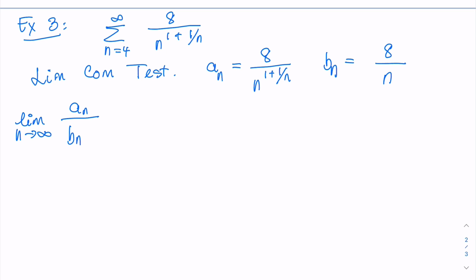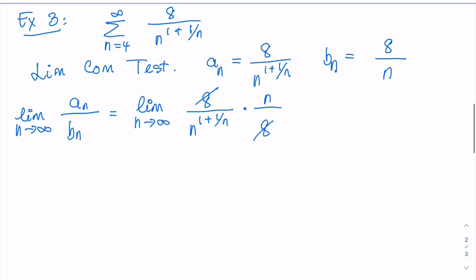So what I have is going to be the limit as n goes to infinity of 8 over n to the first power plus 1 over n, multiplied by n over 8. So we multiply by the reciprocal. Let's rewrite one more time.